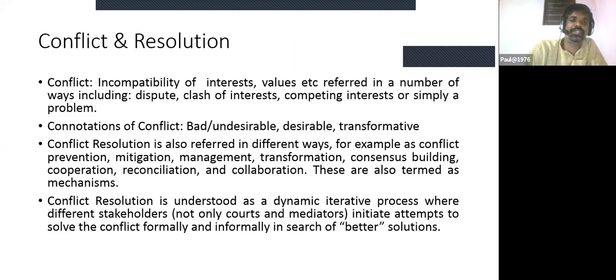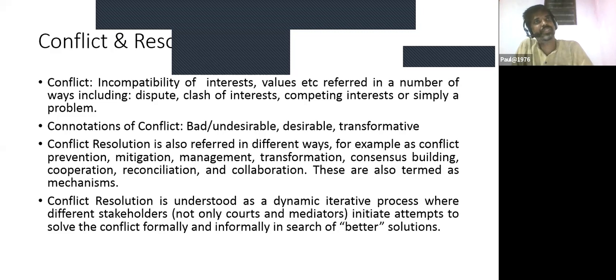It has taken new dimensions, new nature, etc., beyond courts and mediators. For example, social contract theory, it's a great conflict resolution mechanism. Westphalian Treaty, it's a great conflict resolution mechanism.